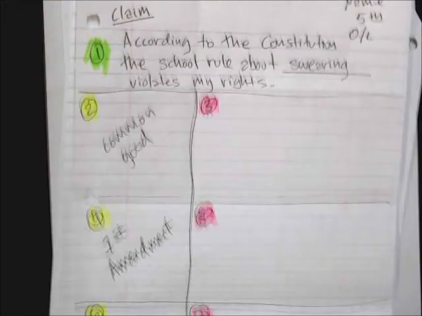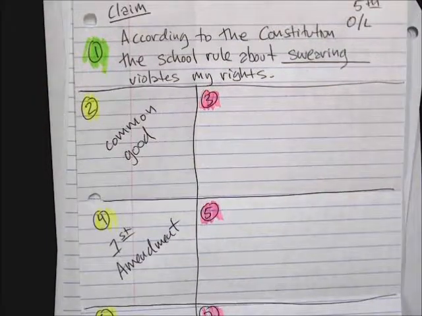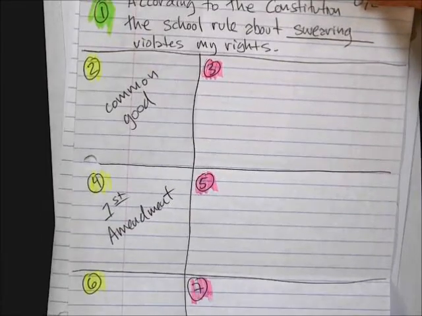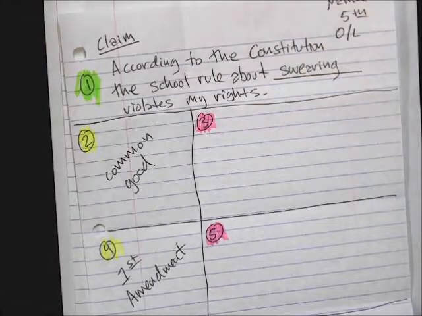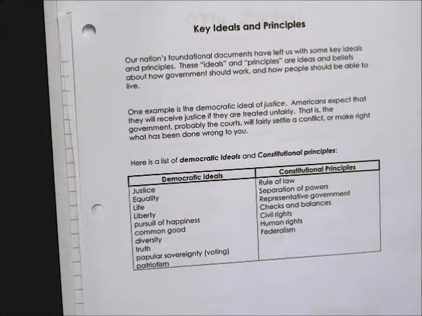And then this was those key ideals or principles. So I'm going to have to go to that list of ideals and principles and figure out which one of these goes with freedom of speech. What can I use for freedom of speech in here?